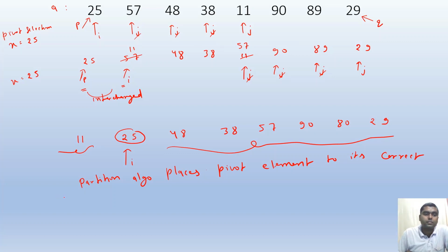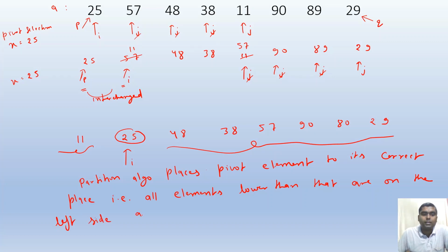that is, all elements lower than that are on the left side and all elements greater than that are on the right side.